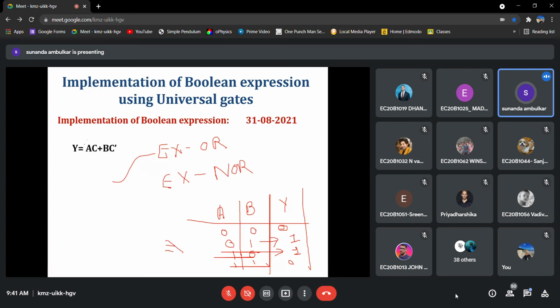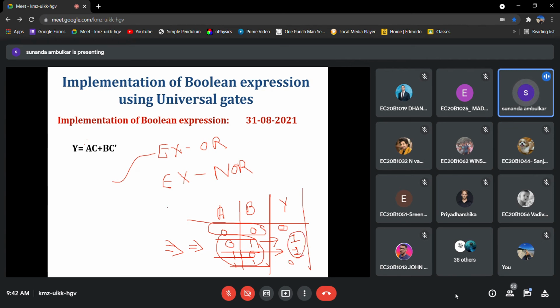So if we want to compare whether the incoming stream of bits are the same or not, it checks bit by bit. If they are the same, the output will be 0, or false. And if the incoming bits are unequal, it will be high.